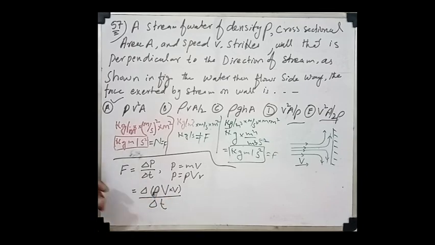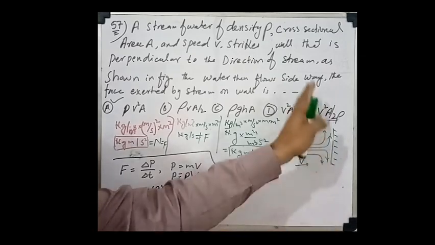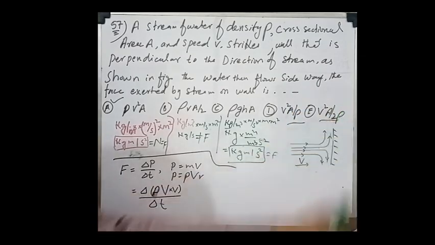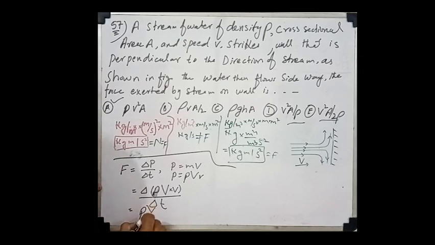Because after striking, the water has no horizontal motion, there is no change in momentum in the horizontal direction. So this is equal to rho V divided by t, multiplied by v.